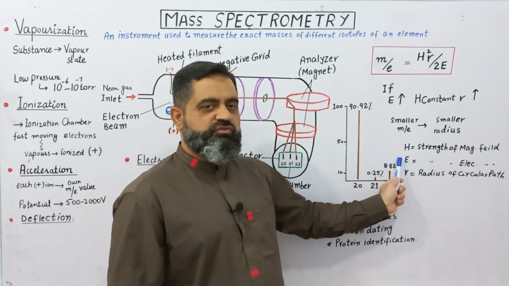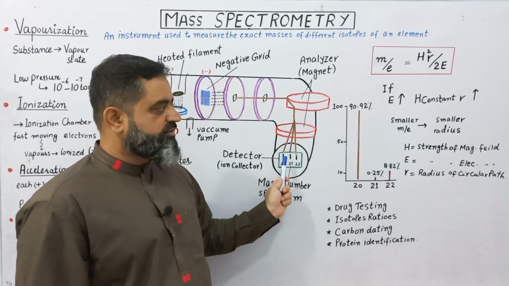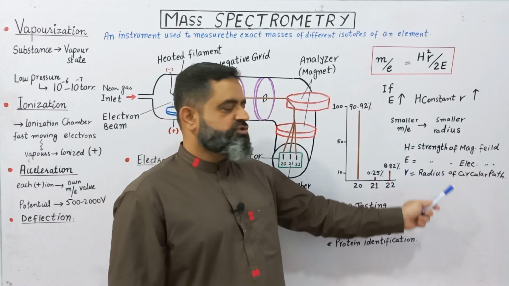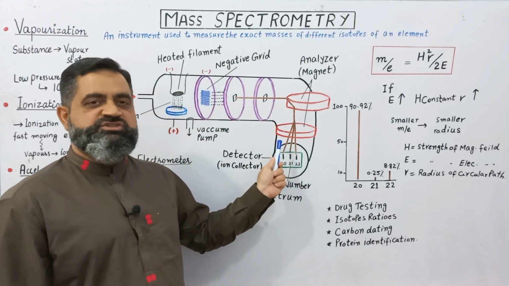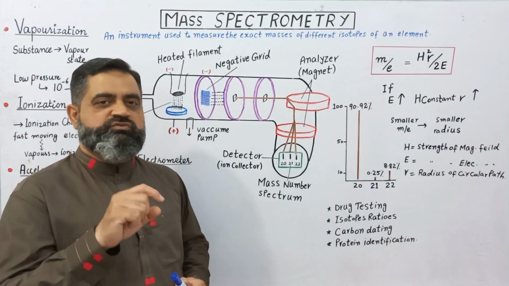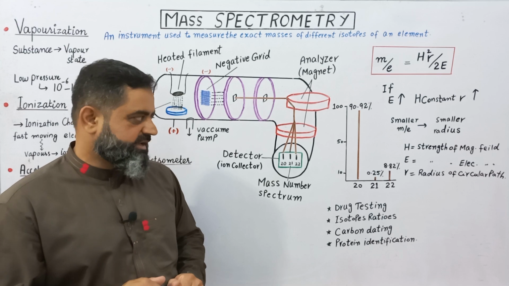E is the strength of the electric field, which is going to be produced right over here, and r is the radius of the circular path in which the ions of different isotopes move.